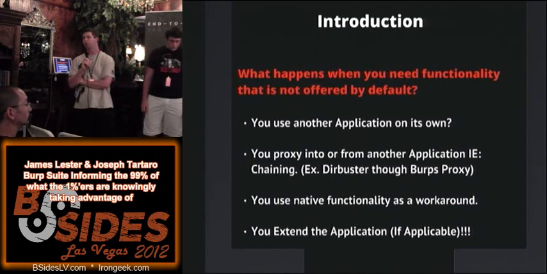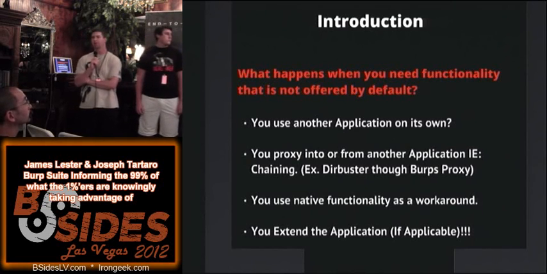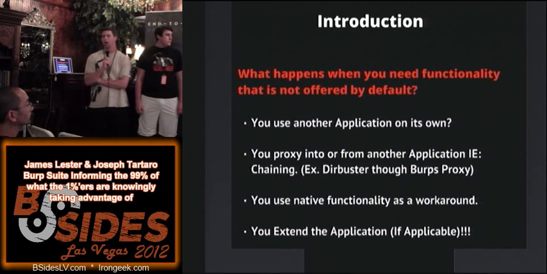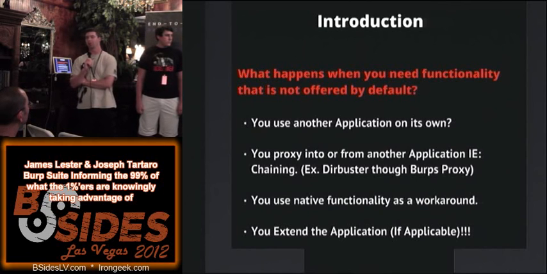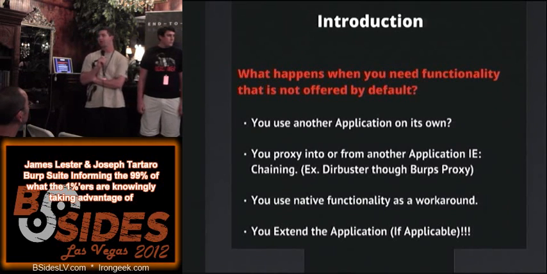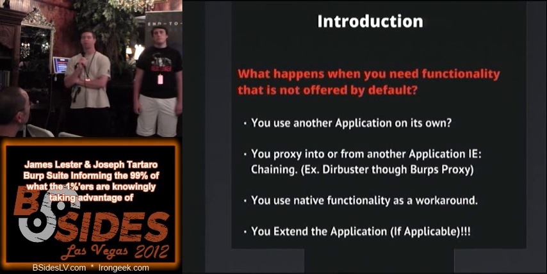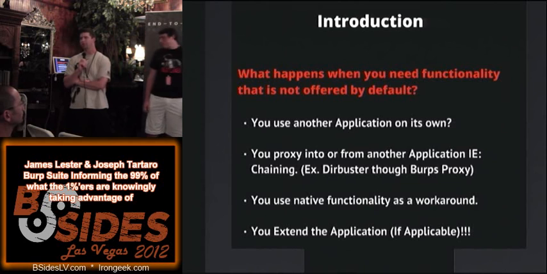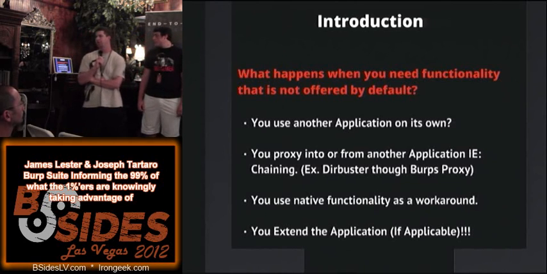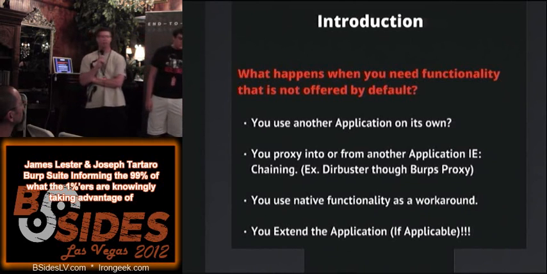One is you run to another application that will probably provide the functionality you're looking for, or some way to get around it. You can also use a tool and chain it through Burp Proxy, so that it's all intercepted and in your target window. And then you can still use Burp Pro to review your responses and do any other type of work with Repeater, et cetera, after you have all that information populated.